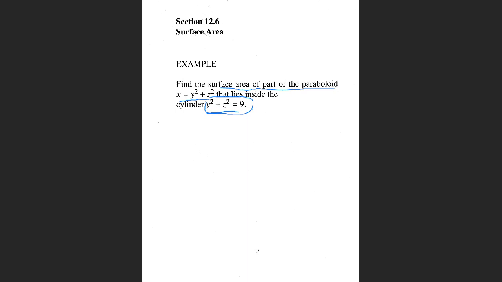Now inside the cylinder, there is this paraboloid. What axis goes down its center? The x-axis. So x equals y squared plus z squared. Well, you're used to seeing z equals x squared plus y squared, and that's an up and down paraboloid, right?